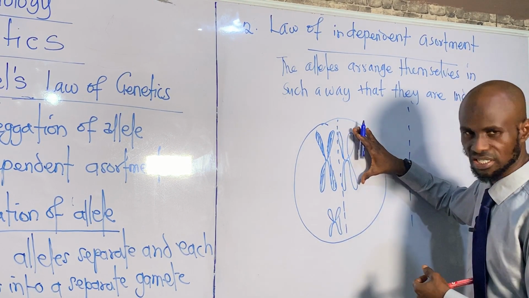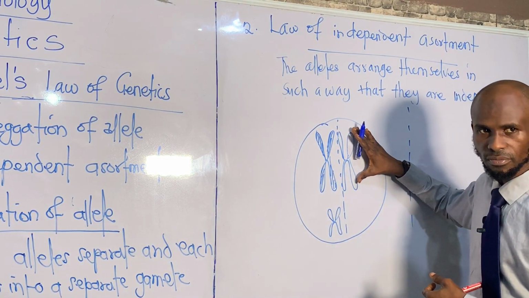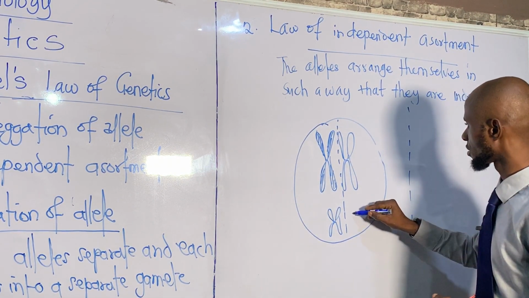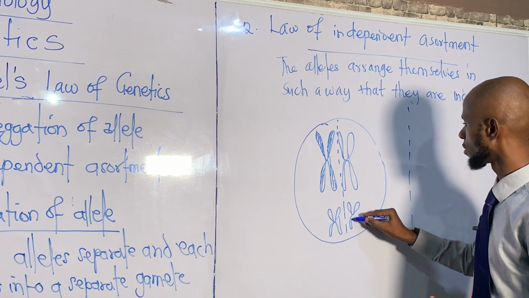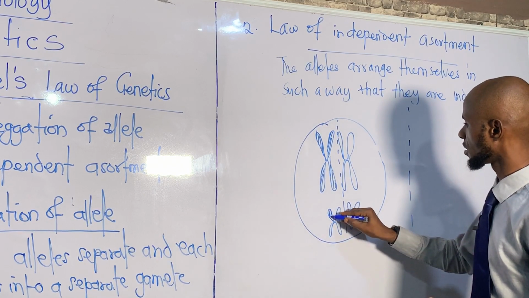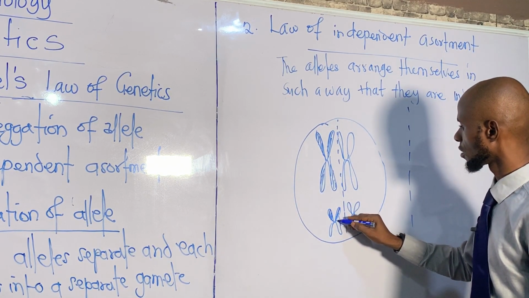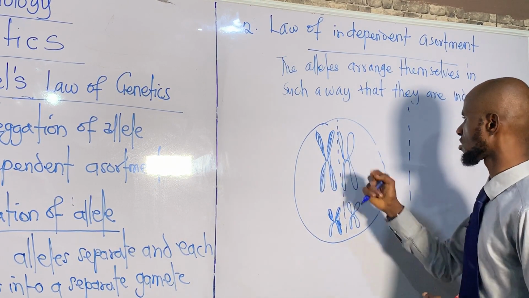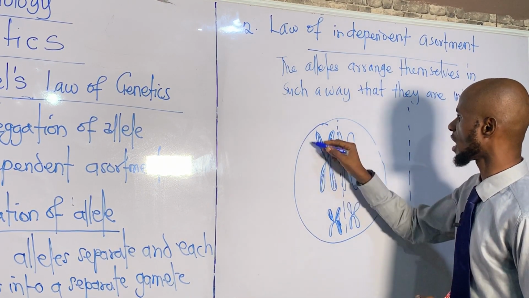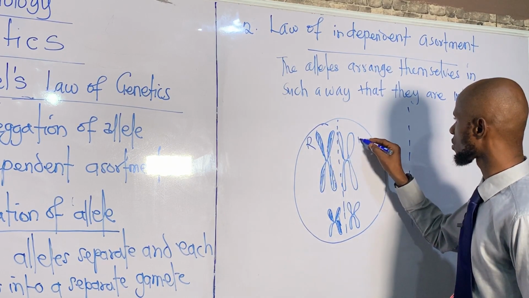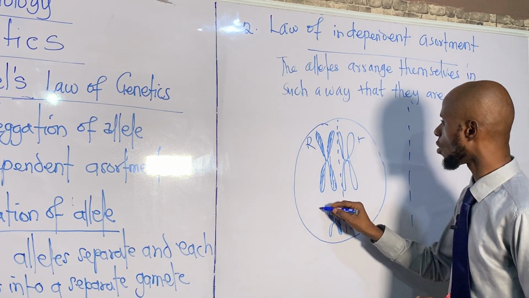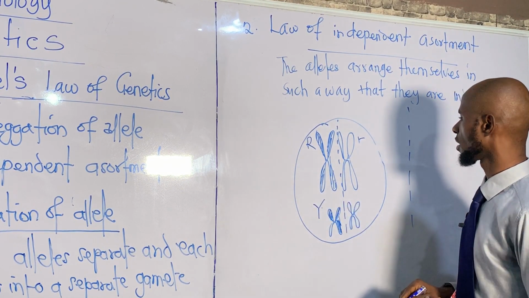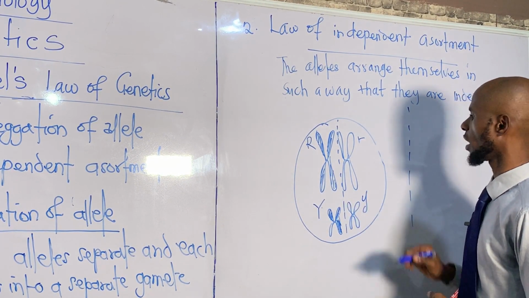This is for one trait, let's say color, and this is for another trait. This can represent our big R and small r, and big Y and small y.